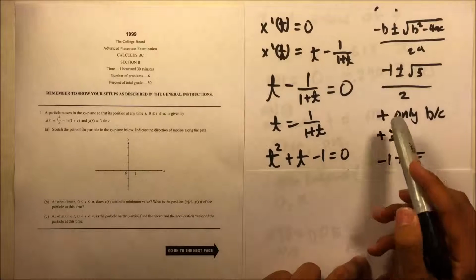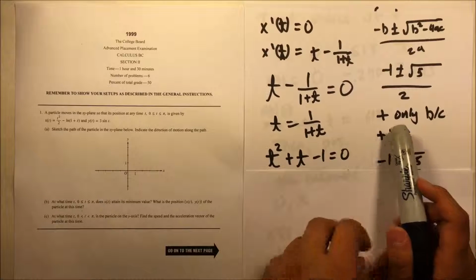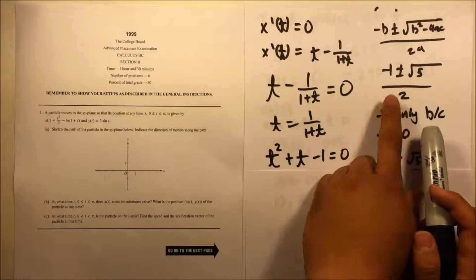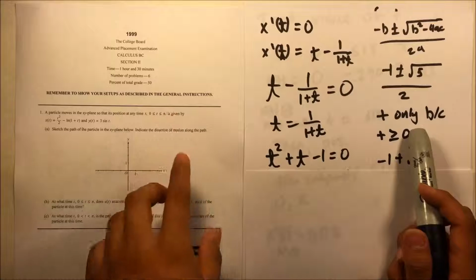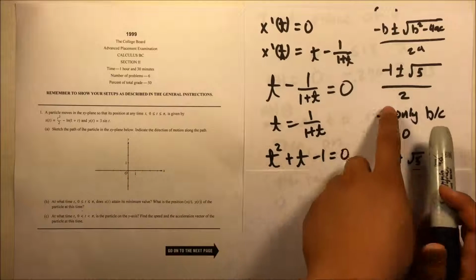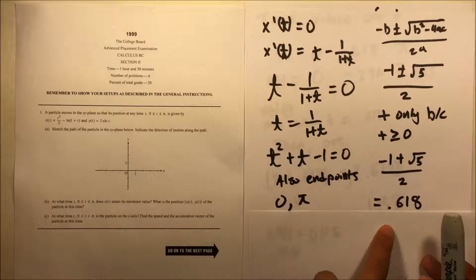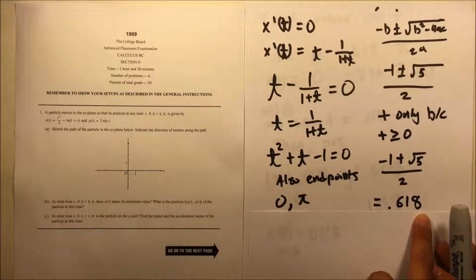However, we discard the negative part and keep only the positive, because if you subtract the square root of 5, t will become a negative number, and since t has to be greater than or equal to 0, we do not need to worry about that. We plug it into a calculator, and we get t equals 0.618.